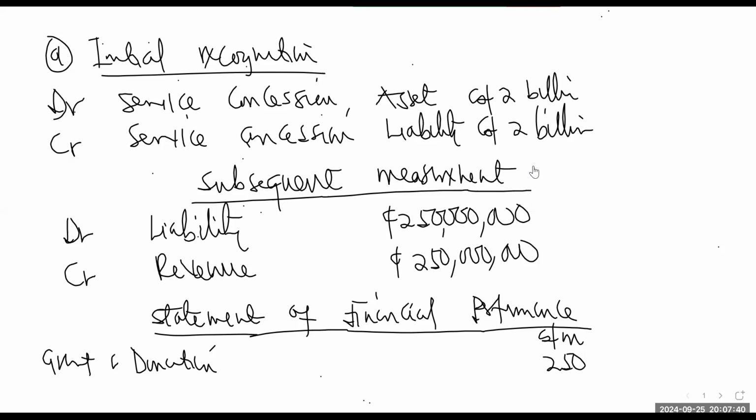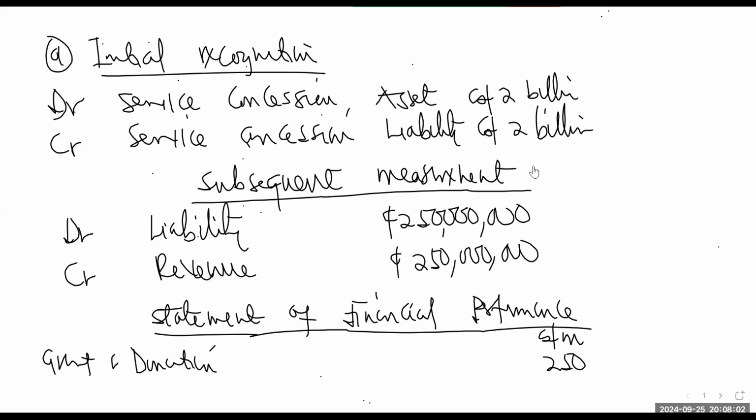So we can say that the revenue from the non-exchange transaction will be recognized over 10 years. Since we have paid them 250, it means that 250 has been recognized out of the 2 billion. So we reduce the liability, which is the non-exchange liability.